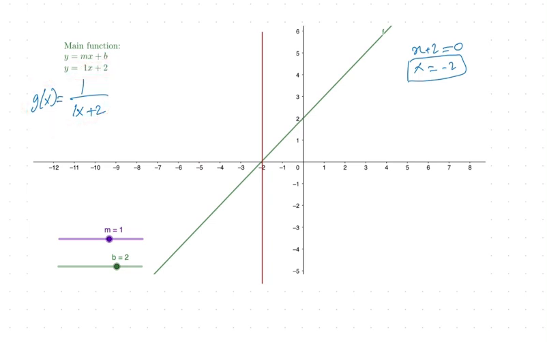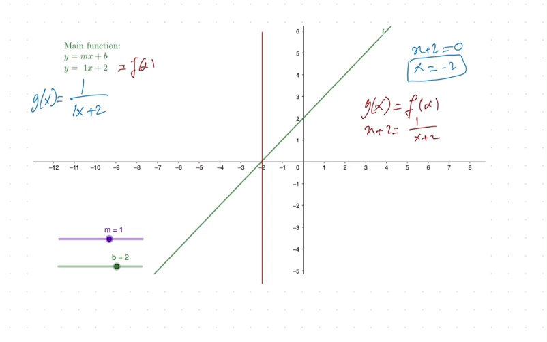So I will put g of x equal to my f of x. This is f of x. Which means that x plus 2 is equal to 1 over x plus 2.